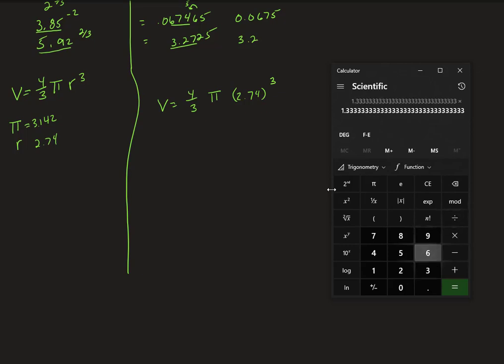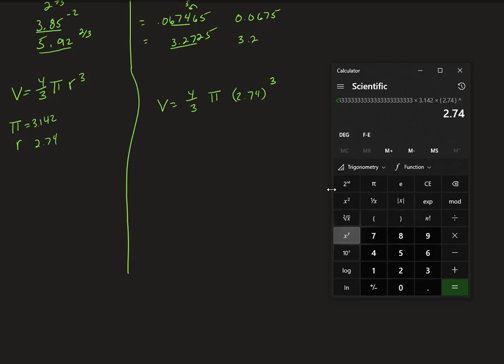Times our pi, which we said was 3.142, times, and I'm going to put this in parentheses here, 2.74.